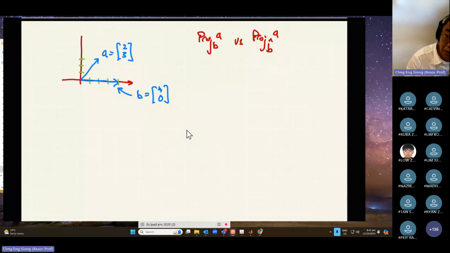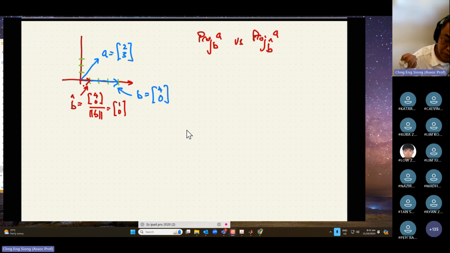The unit vector in the direction of B. Yes, so this vector here is B hat, because it is 4, 0 divided by the norm of B, which therefore becomes 1, 0. So now the question to you in a quiz: are they the same or different? Quiz question number 1.